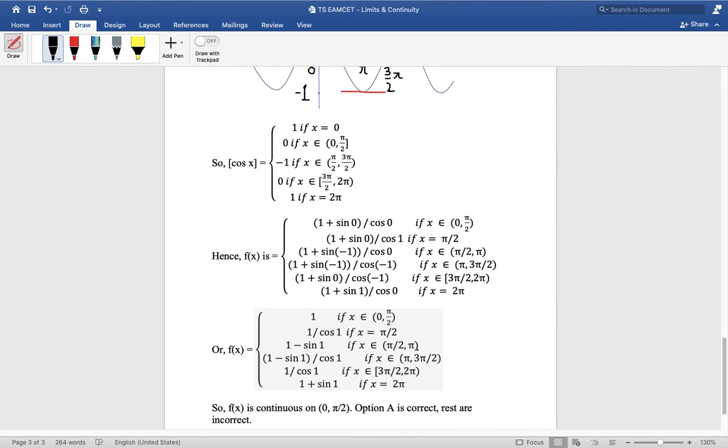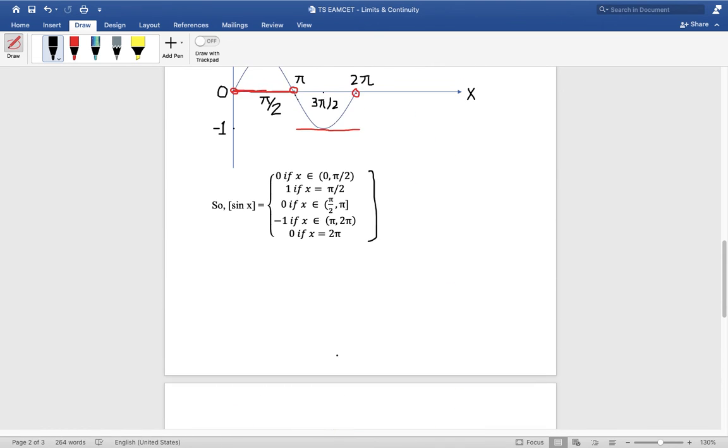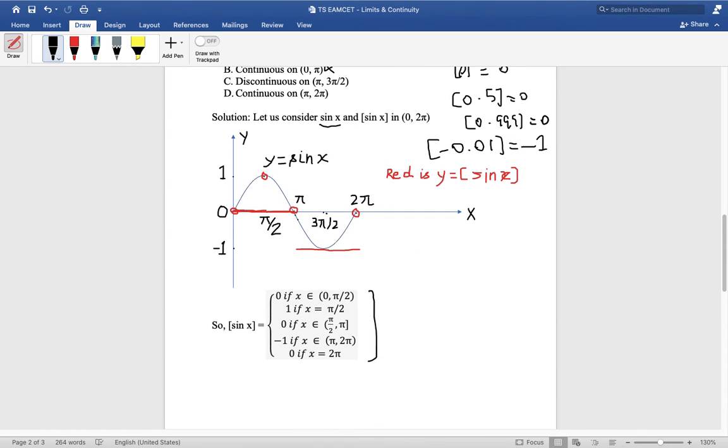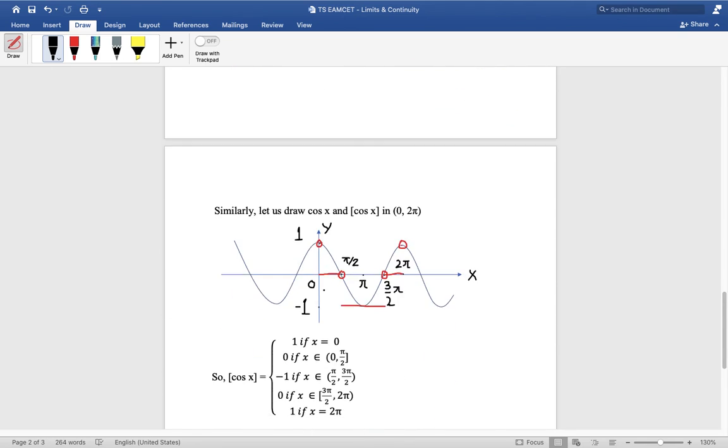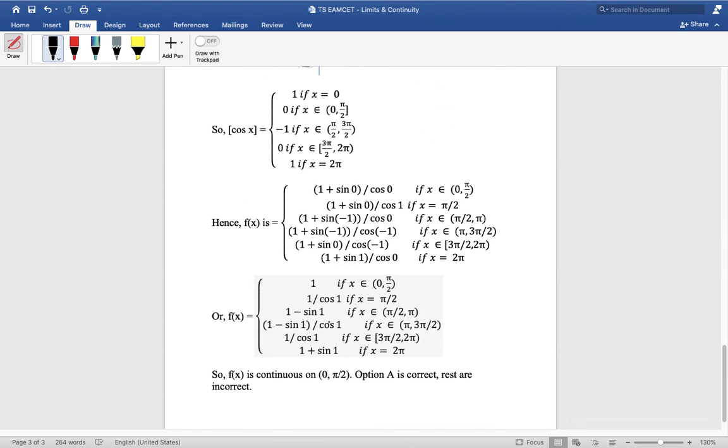Okay. Now when we reach pi to 3 pi by 2, the greatest integer of sine x is what? Minus 1.